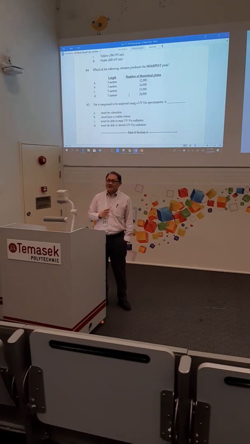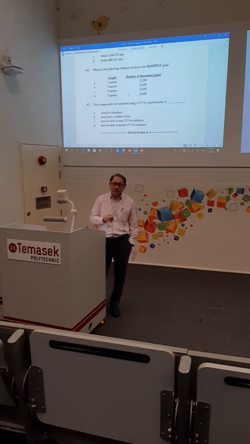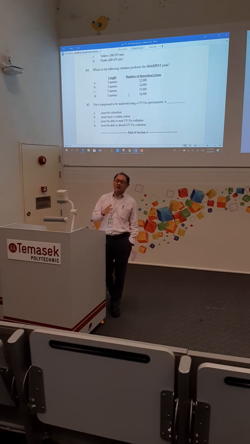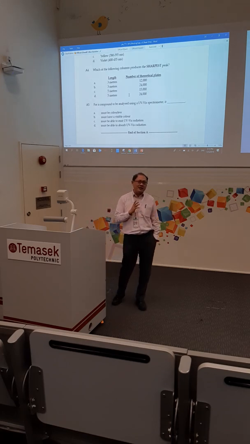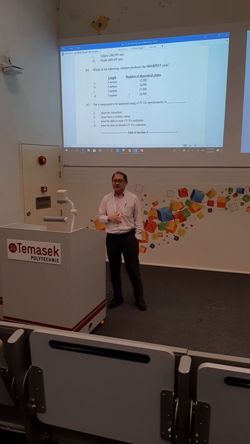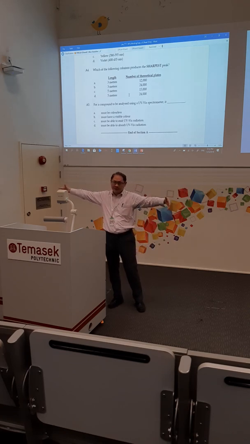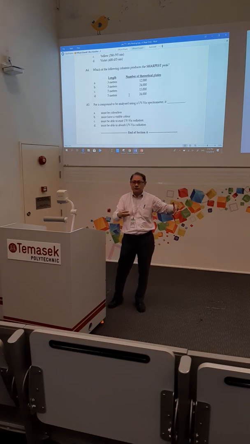We didn't really introduce a theory or mathematical equation that defines the difference between a longer or shorter column, but you can try to visualize it this way. The column is like a tunnel when your analytes travel through.